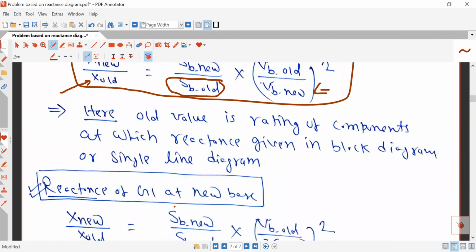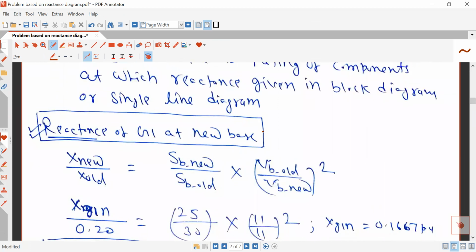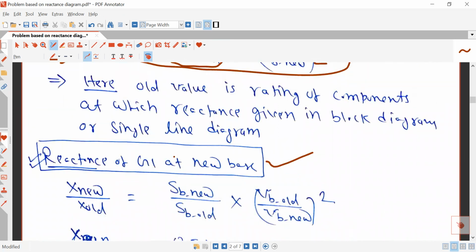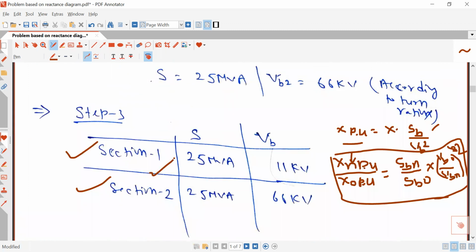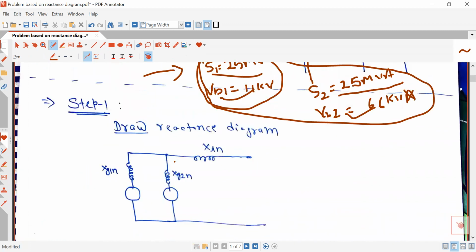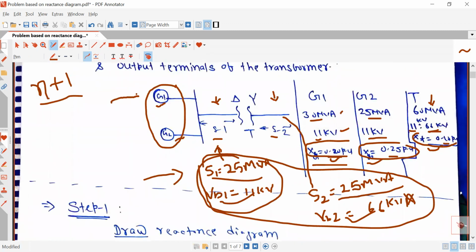So, first I am going to find out the reactance of generator G1 on the new base. You must remember the old value of the generator reactance is 0.2 per unit. It is given in the problem.